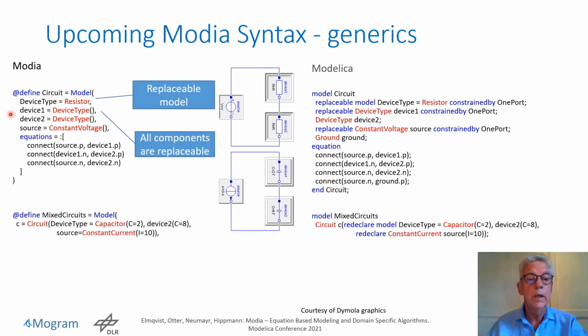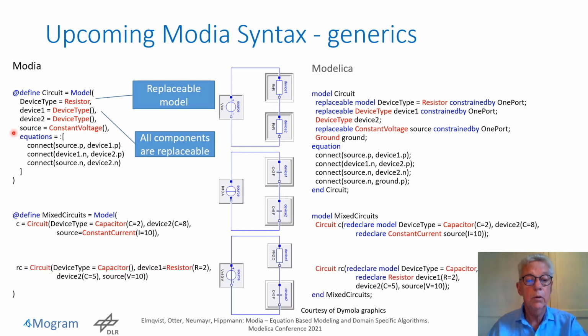This enables us then to, for example, define a circuit, to modify this circuit by defining a new device type capacitor with a default value C equals 2, and also to change the source to be a constant current instead. More elaborate cases are shown here as well, where the device type is changed to capacitor, but device 1 is changed back to become a resistor.